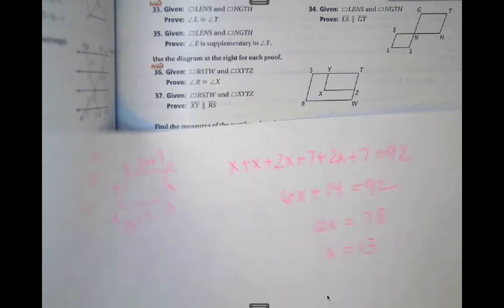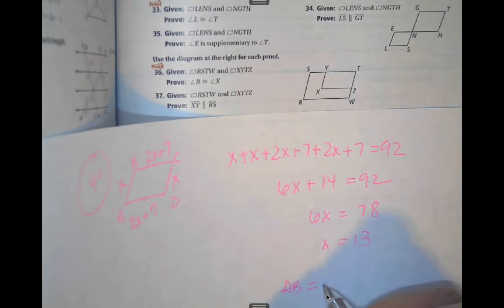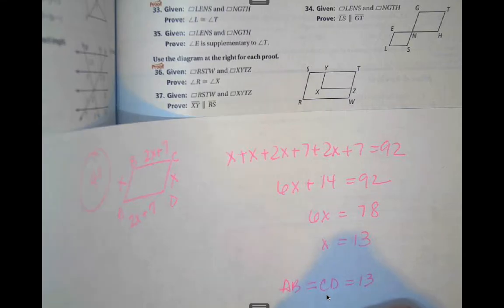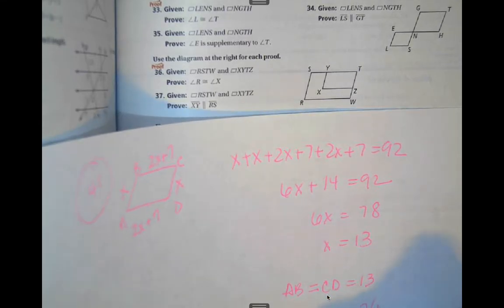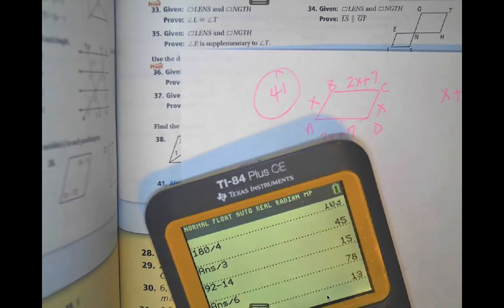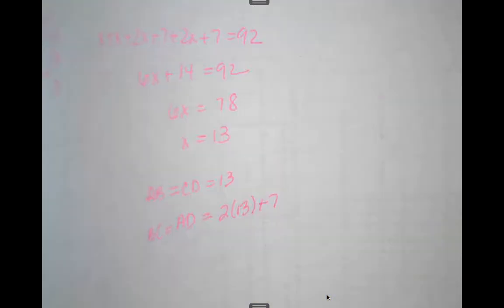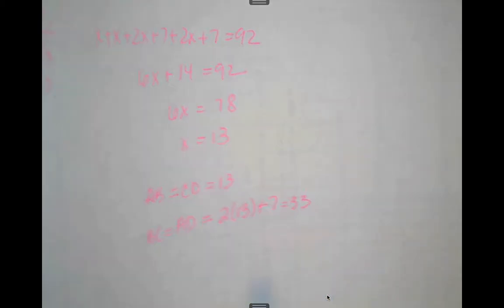If x is equal to 13, AB is equal to CD, which is equal to 13. And then the other one, BC, is equal to AD, which is equal to 2 times 13 plus 7. So 2 times 13 plus 7, I get 33. So each of those is equal to 33. Okay. All right, that's it for lesson 6-2.